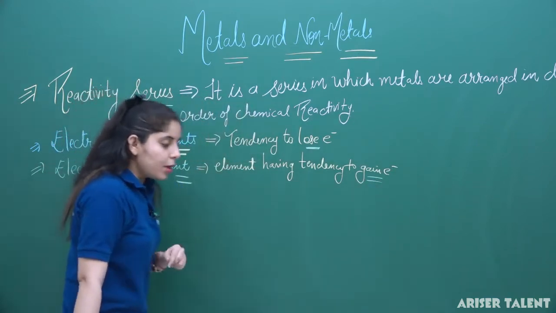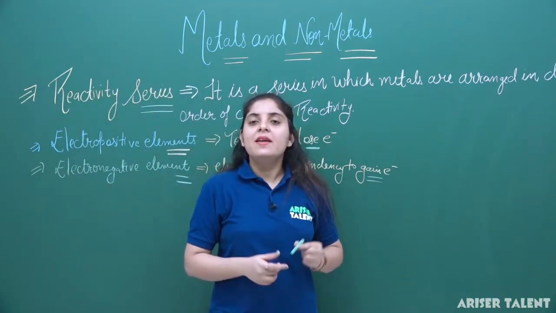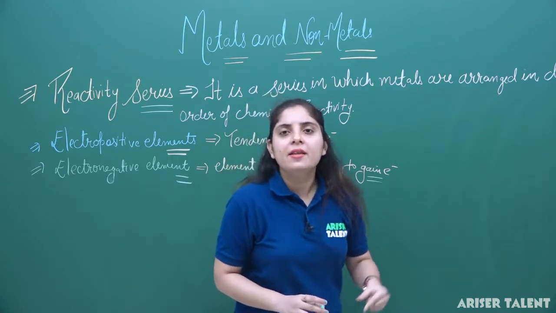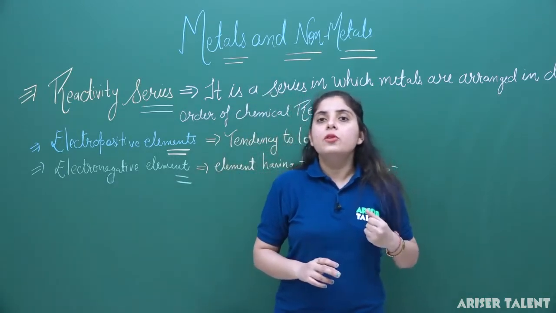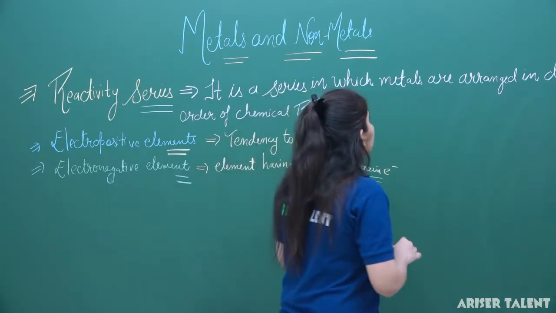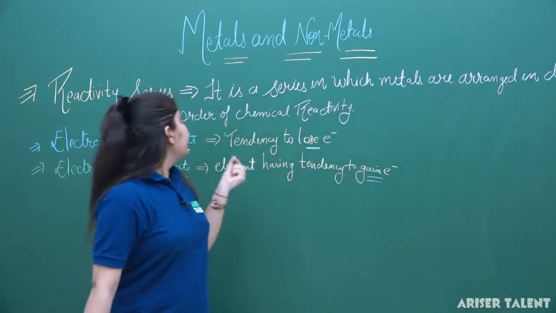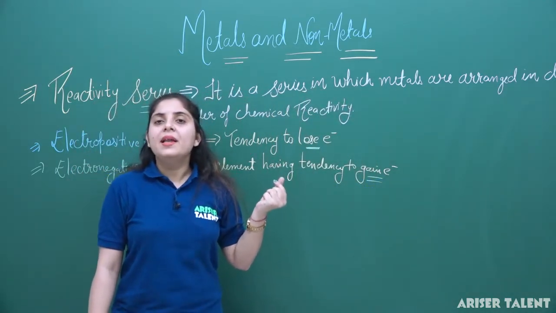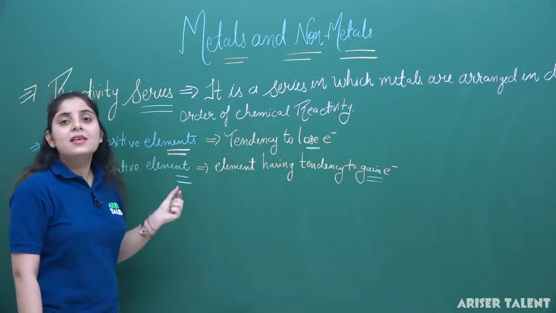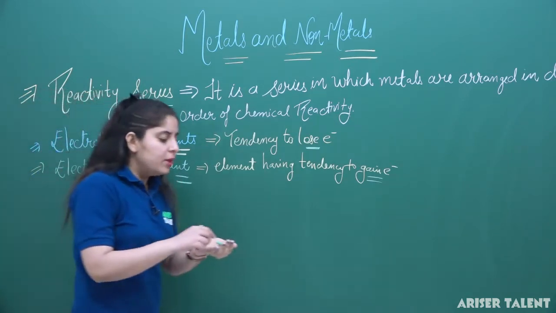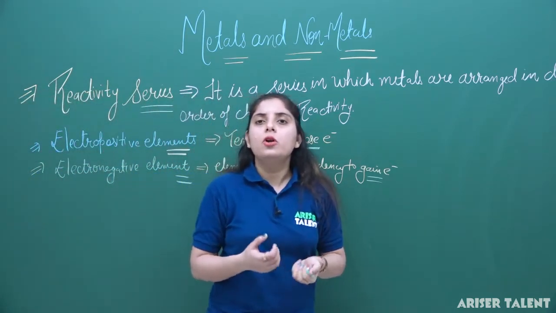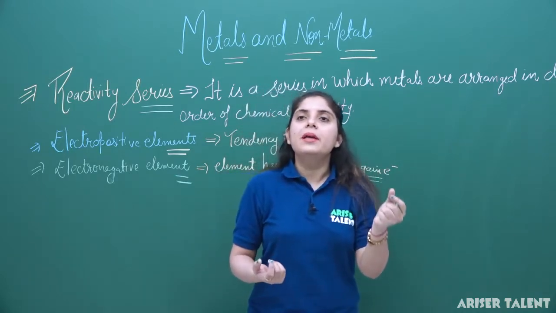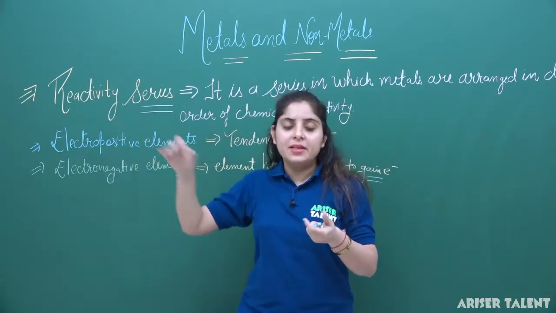Now we will see the reactivity series and how metals vary in their reactivity in decreasing order. The metal reactivity series is also known as the activity series. So it is termed by another name, the metal activity series, or sometimes we call it the reactivity series.